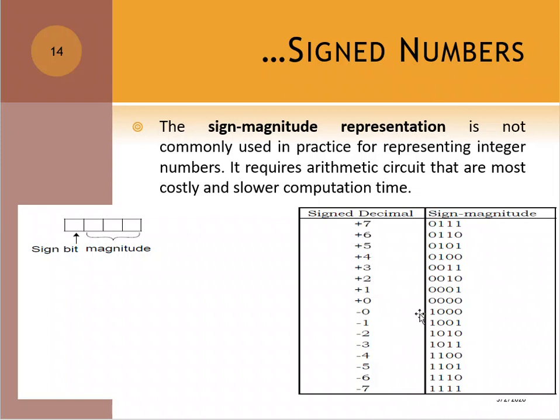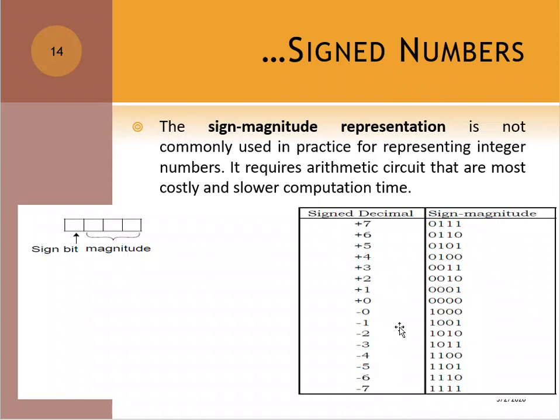To represent positive 0, we write it as 0 0 0 0, because the first bit represents positive, then the rest will be the value 0 0 0. The same goes for positive 7. Start with 0 to represent the positive sign, and then the rest will be the value 7. In binary, try to recall back, 7 will be represented as 1 1 1.